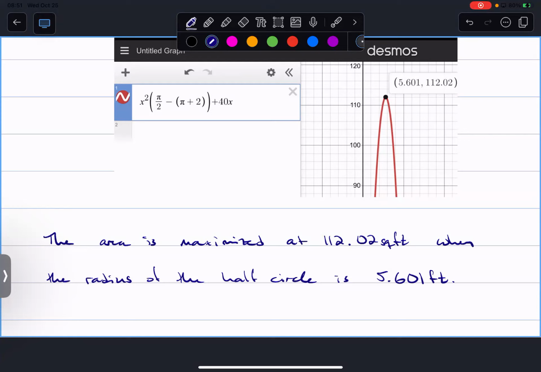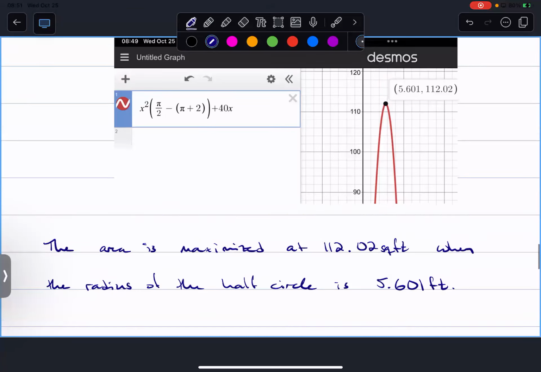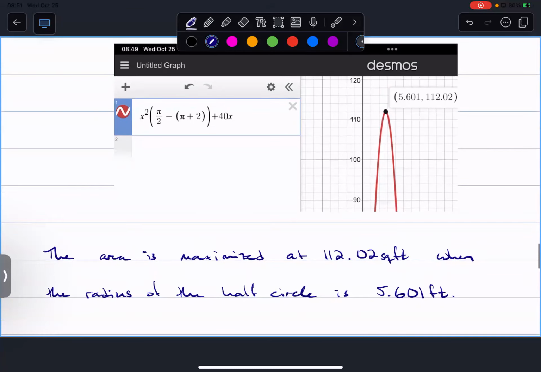Feels like quite a big window. Well, it's maximized, I guess, with a perimeter of 40 feet. Right? That was our constraint. And what was the question? Don't want to go back there. What dimensions will maximize the area?